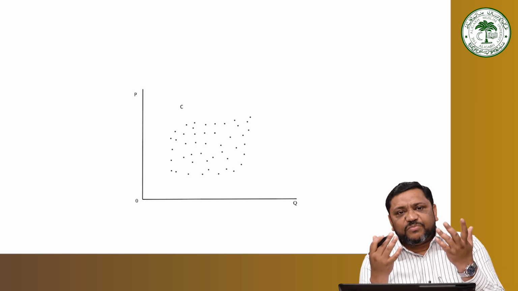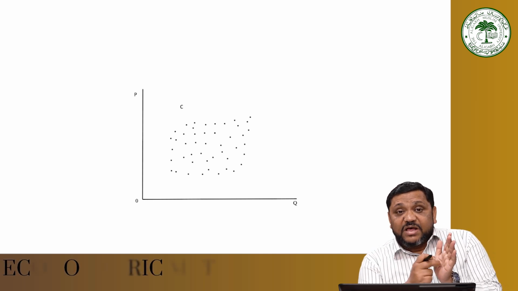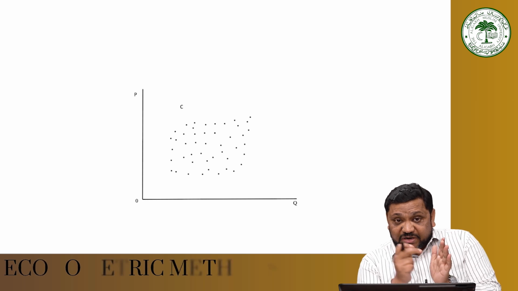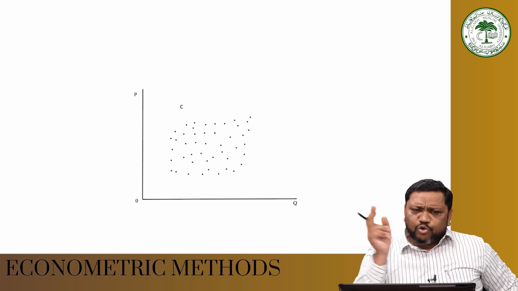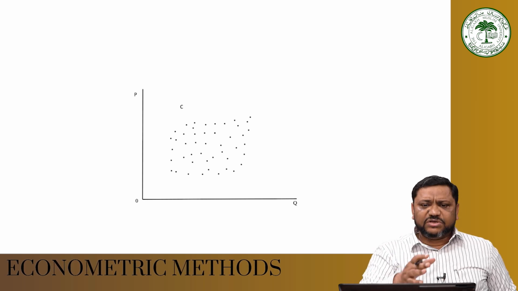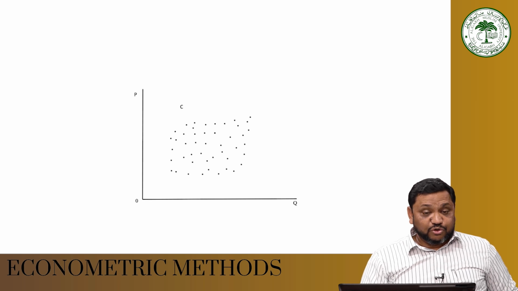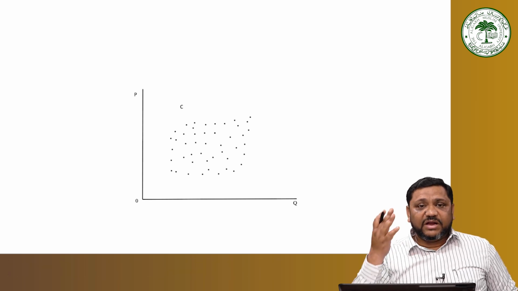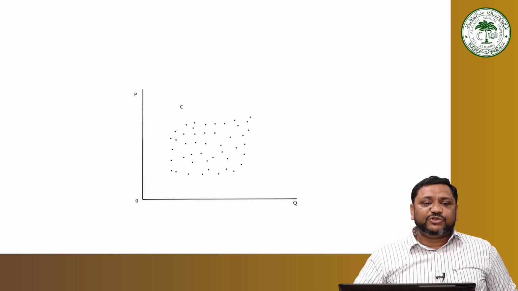We are observing from the market that this is the price. Two people can contradict. If they see this picture, somebody will say this is the demand function, somebody will say this is the supply function. Theoretically, whatever you say, but when you go for empirical estimation, you have to be very sure of it.